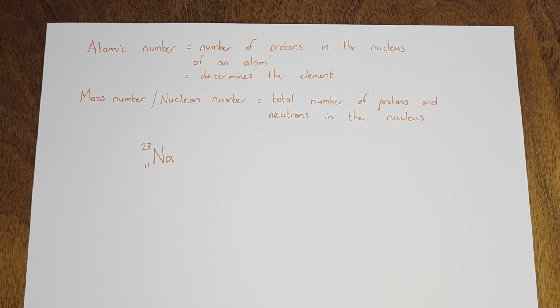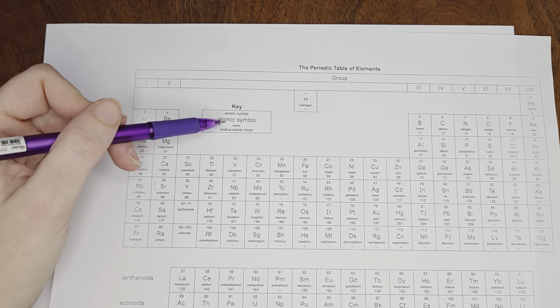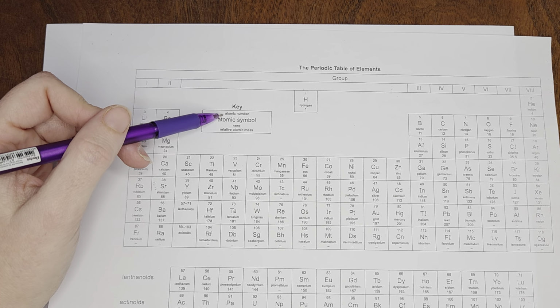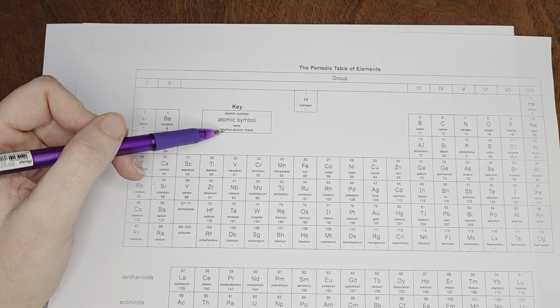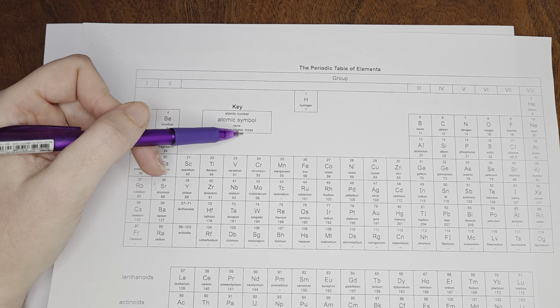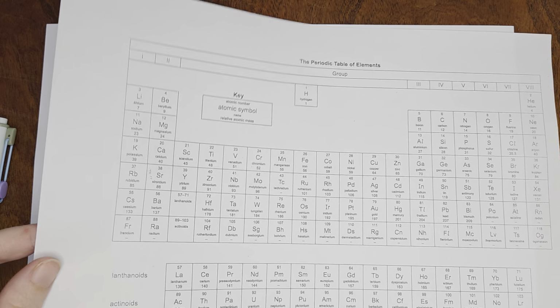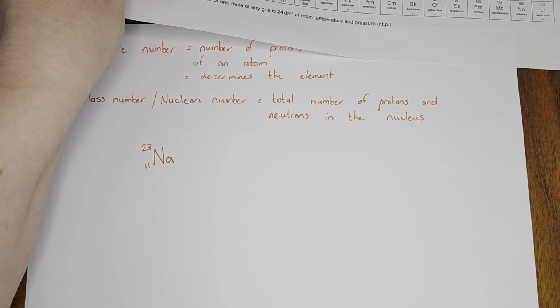If you have to look at the periodic table, you will usually have a key that will give you atomic number and atomic mass. Those can be either way around. You just need to read the key to know which one is the atomic number and which one is the atomic mass. But that's for every element on the periodic table.